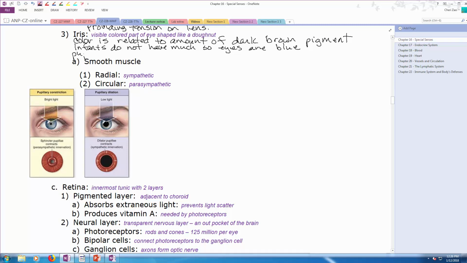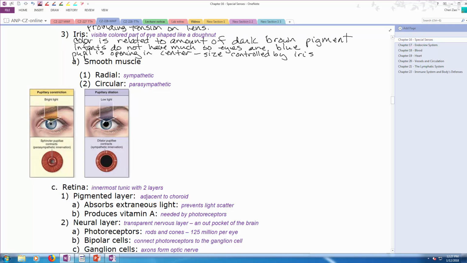Again, pupil is the center. And the size is controlled by the iris. This is smooth muscle.